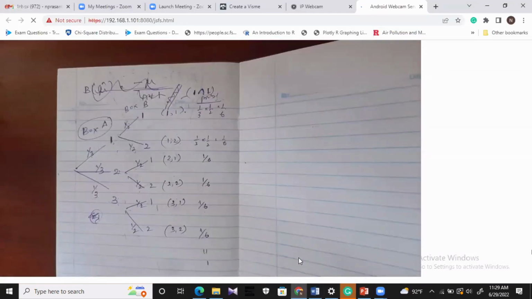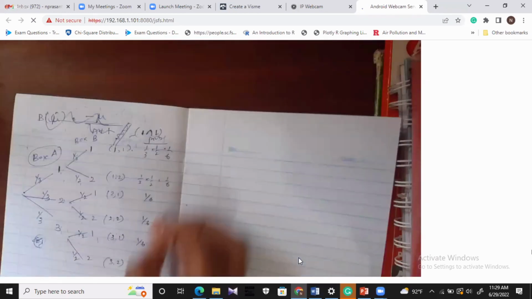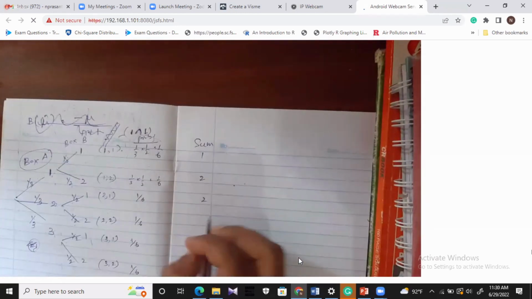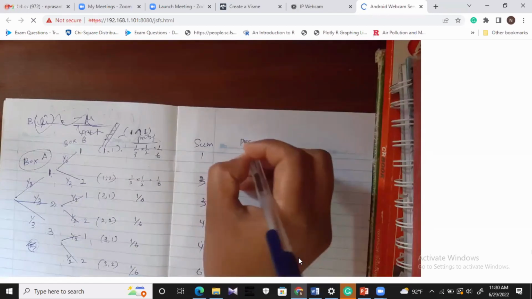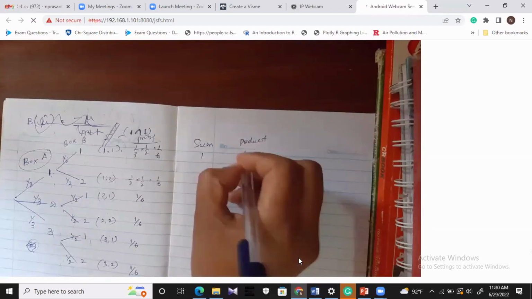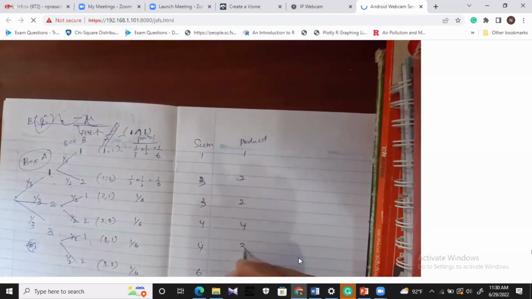Yes, here. Now we have found these probabilities. The sum is 1, 2, 2, 4. Product is 1, 2, 2, 4, 3, 6.